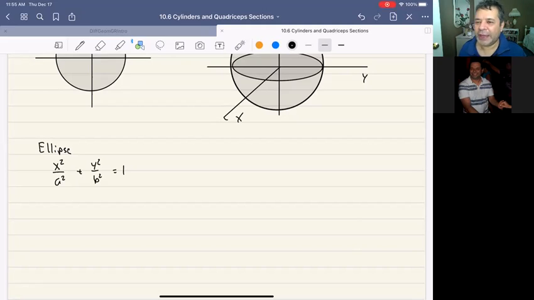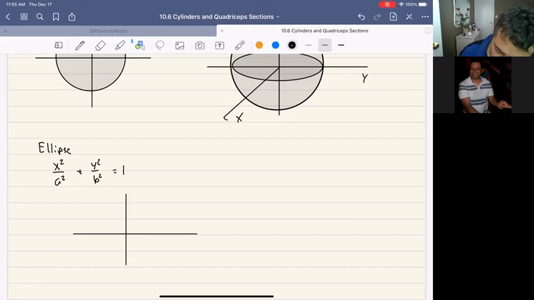We just know that a is how it moves in x, and the b is how it moves in y. So it'll go left, right by a, up, down by b. And we're going to draw the ellipse.